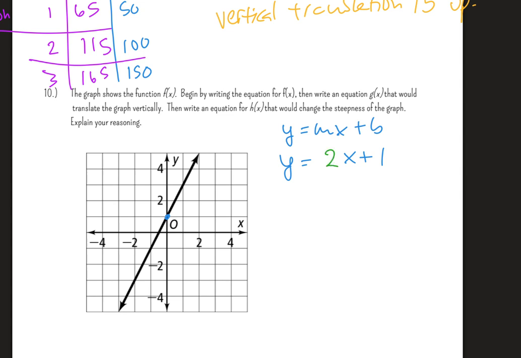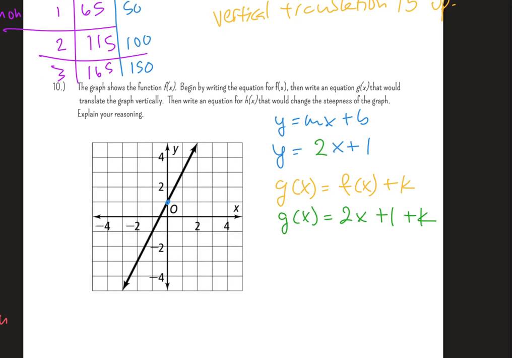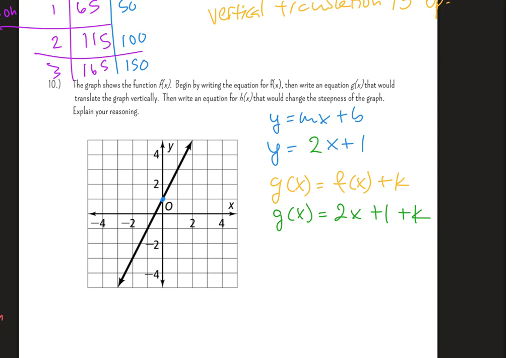Write the equation of g of x that would translate the graph vertically. So here's g of x. We could write it like this, f of x plus k. If they're being a little bit more specific, we could do this, like that. And then write an equation for h that would change the steepness of the graph.